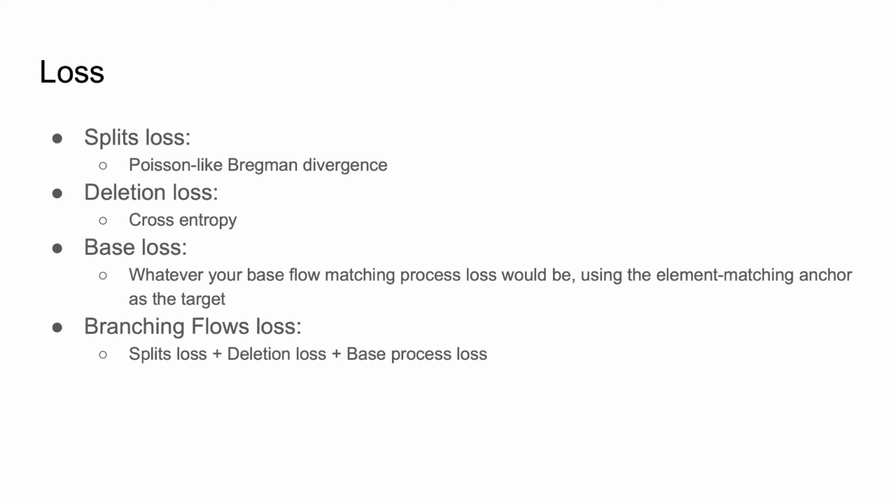And so the loss you get is this Poisson-like Bregman for the splits, this cross entropy for the deletions, and then your base loss is whatever process you're using, but using the element matching anchor, if you were on an internal branch, as the target that's governing your generator for that particular element in the state. And the overall loss you get decomposes very nicely into the sum of these losses.